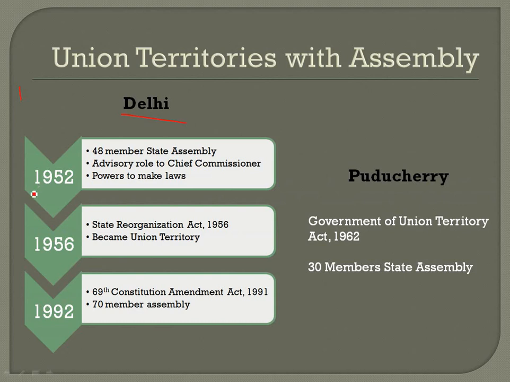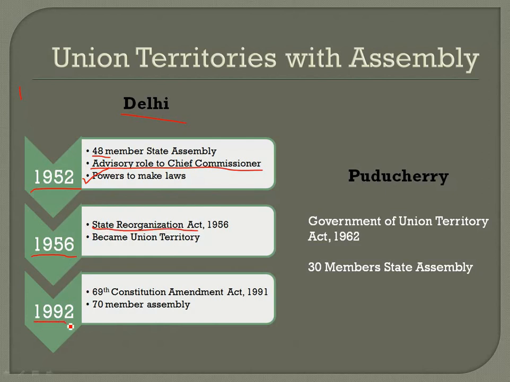Delhi. In 1952, Delhi had a state assembly of 48 members. It had an advisory role to the chief commissioner, like the Andaman and Nicobar State Assembly. But the Assembly of Delhi had the power to make laws. In 1956, Delhi was made a union territory by the State Reorganization Act.